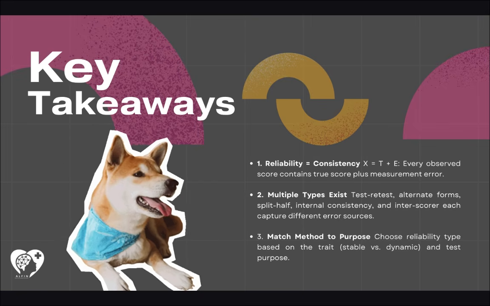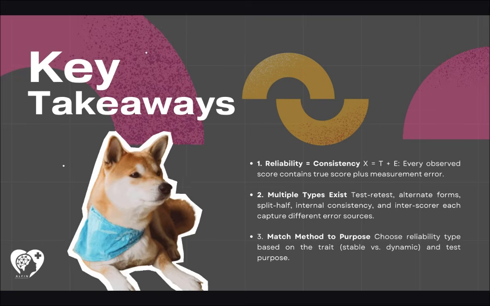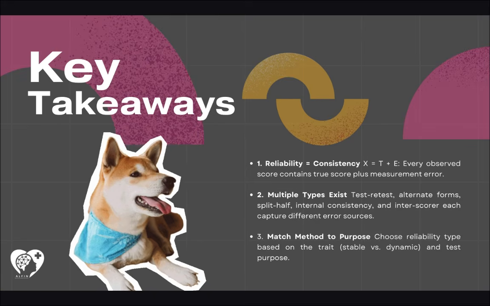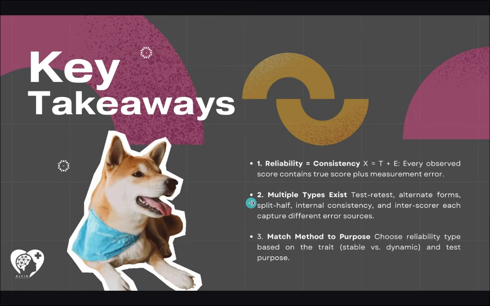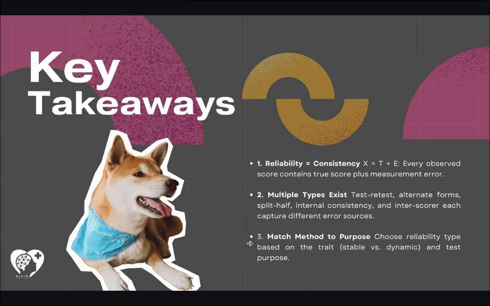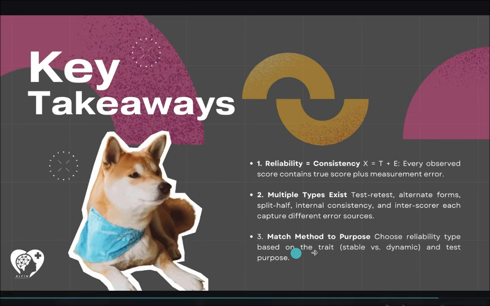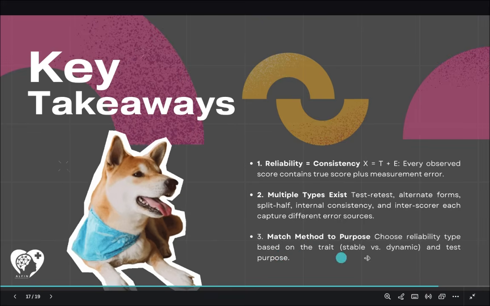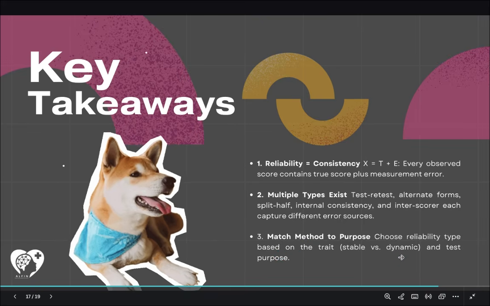Next is that multiple types exist. What we mean by this is the reliability estimates. We have different types because we have different sources of error, different testing needs and testing situations, and different purposes for the measurement tools. And in connection to number 2, we need to match the method to our purpose. For example, if we have a stable trait, then we can use test-retest.